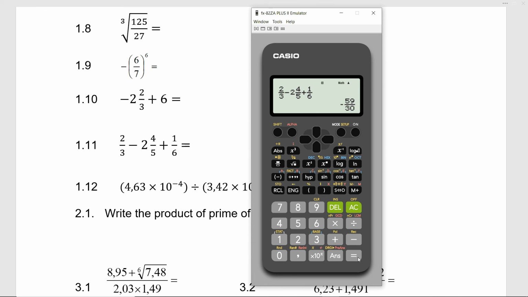Now, if you didn't use the correct button there, you might get an answer of negative 23 over 30, which tells me that you didn't use the mixed number button, so just take care with that.